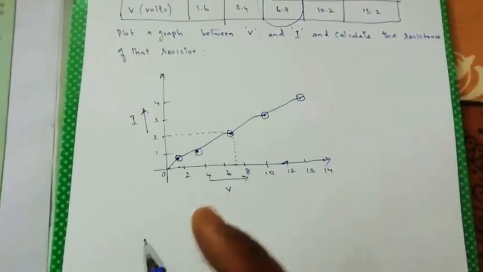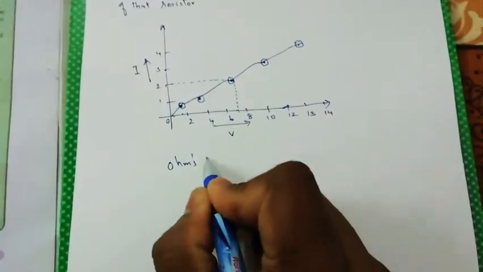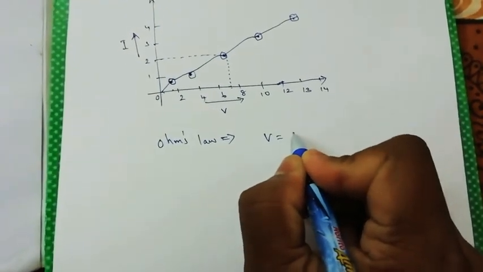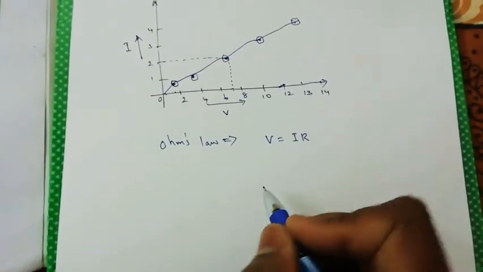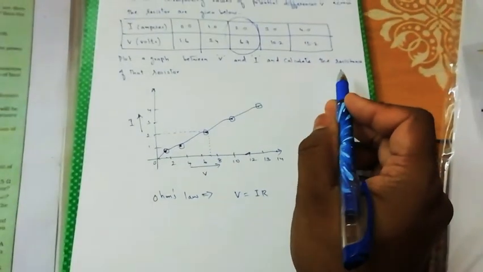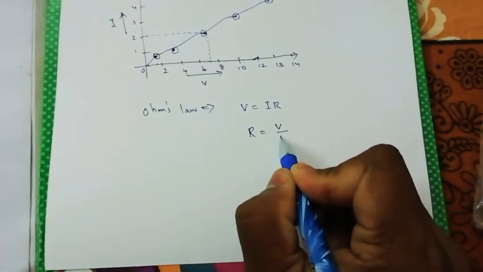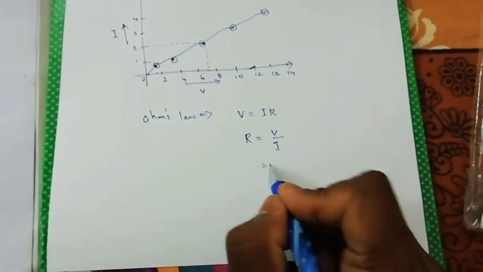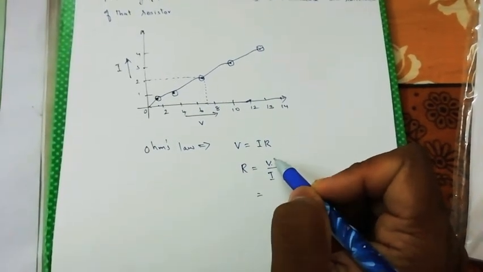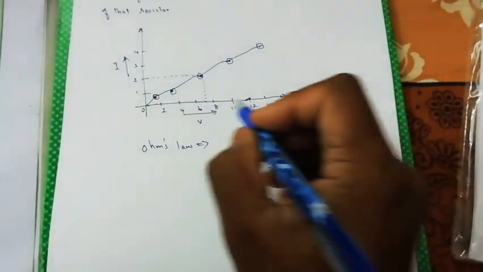So what I'm going to do with this, let's take Ohm's law. You all know what is Ohm's law. It says V is equal to IR. We don't want any other thing, we need only the resistance of the resistor. So R is equal to V by I. We know what is V and also we know what is I. Here we have taken V is equal to, what is V here?